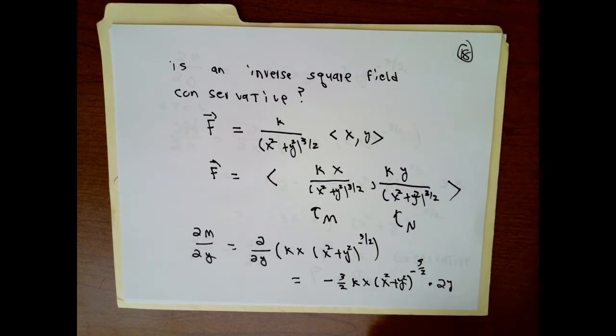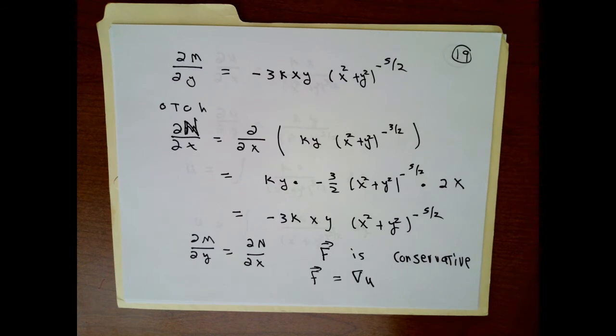The derivative of that will be negative 3/2 times the negative 5/2 power of the quantity times the derivative of x squared plus y squared with respect to y, which turns out to be this quantity. So after simplifying, we get partial of M with respect to y is negative 3k, which is a constant, times xy times x squared plus y squared to the negative 5/2 power.